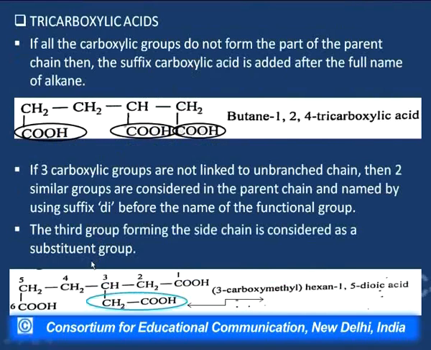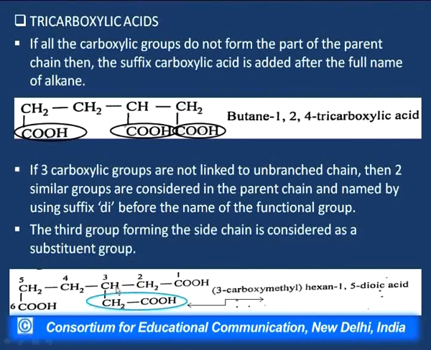Now the next point to be kept in mind is, supposing we again have 3 carboxylic groups. This is the example just below this, and the 3rd carboxylic group is not forming part of the parent chain, right? So in this case, the 2 carboxylic groups which can be included in the longest continuous carbon chain will be included in the parent chain. So the root name will become hexane 1,6-dioic acid.